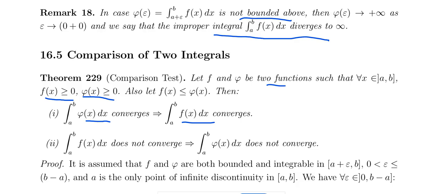If the integral of phi of x dx converges, then, since f of x is less than or equal to phi of x, the integral a to b of f of x dx converges. If the integral of f of x dx doesn't converge, then the integral a to b of phi of x dx doesn't converge; this is called not converging, not diverging.